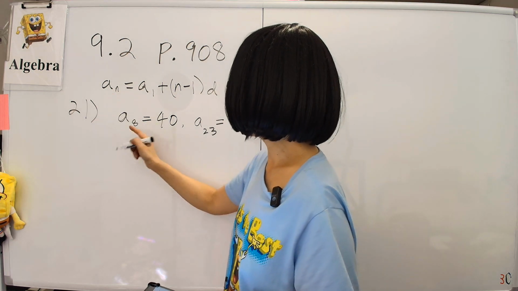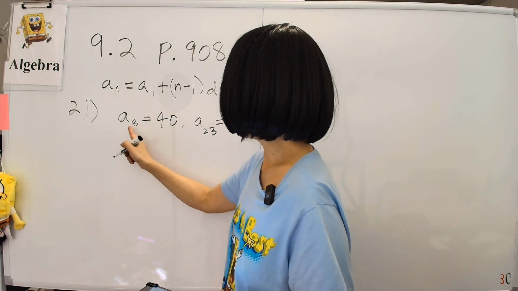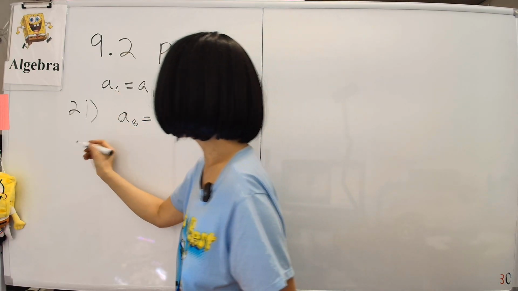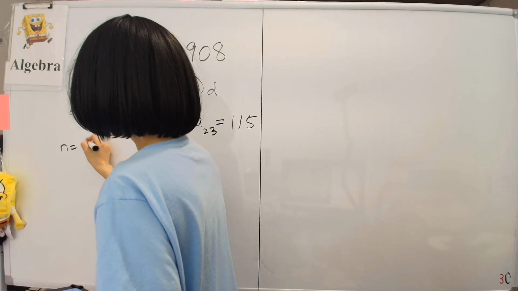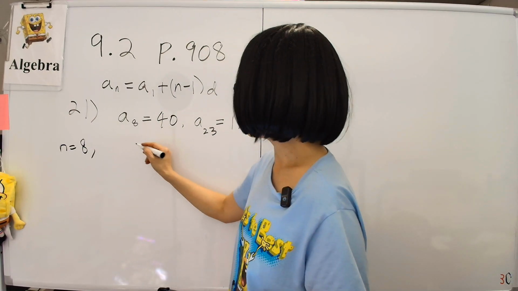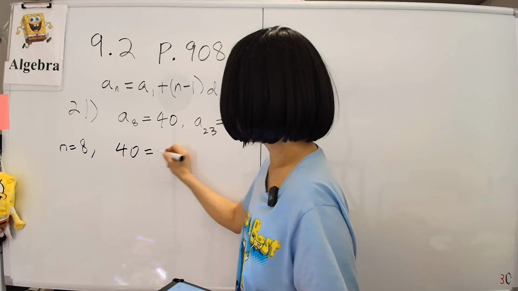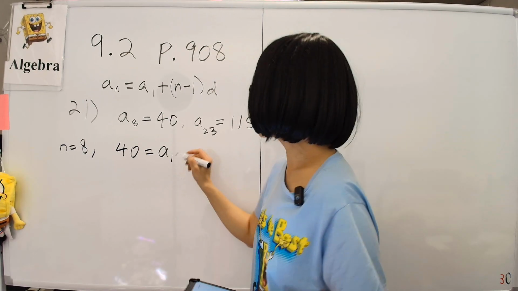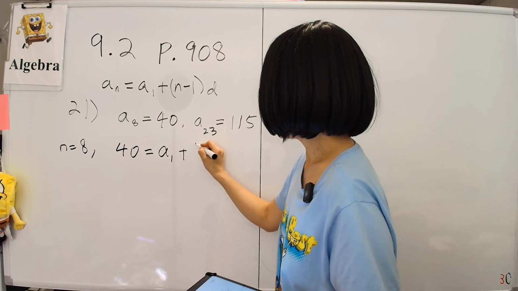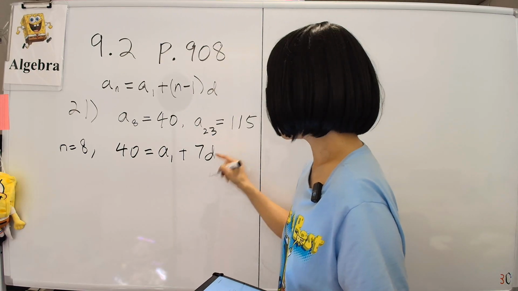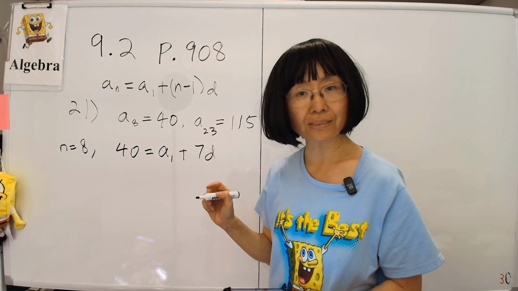First, following this formula, when n equals 8, a8, which is 40, equals a1, we don't know what that is, plus n minus 1, 8 minus 1 is 7, times d. We don't know what d is, so we have two unknowns in this equation.